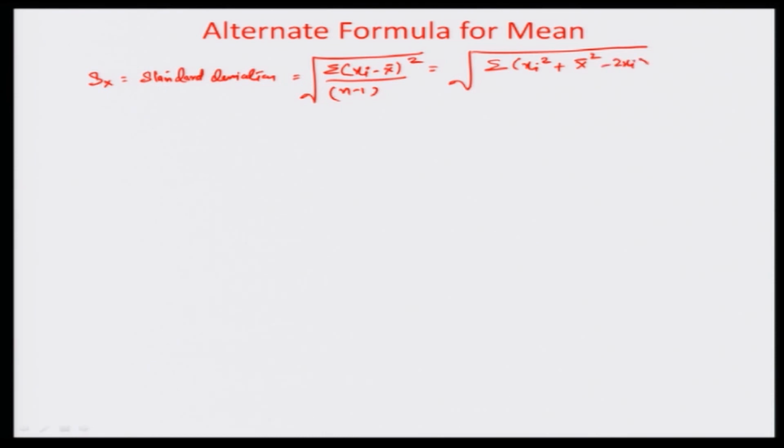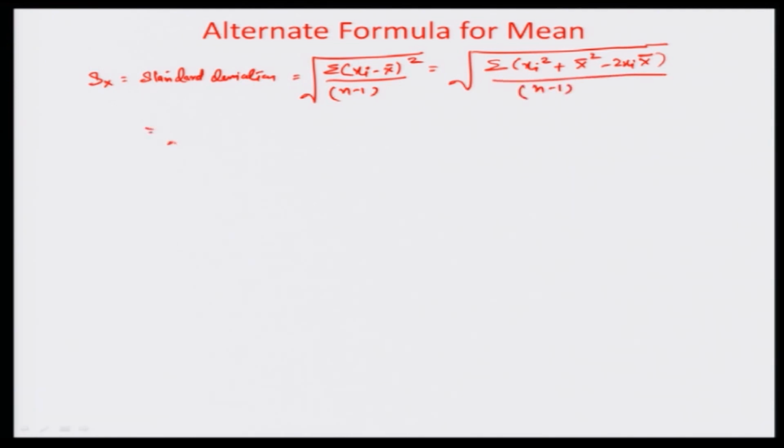The Sx, or the standard deviation of a distribution, can be represented as the root of sigma (xi minus x bar) square divided by n minus 1, and this can further be represented as sigma (xi square plus x bar square minus twice xi x bar) divided by n minus 1.